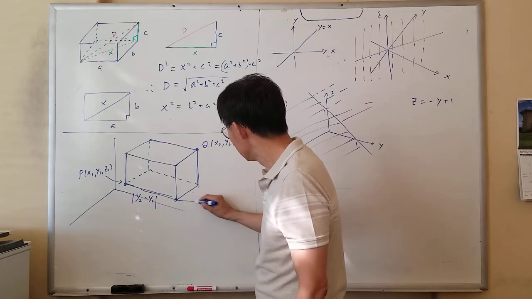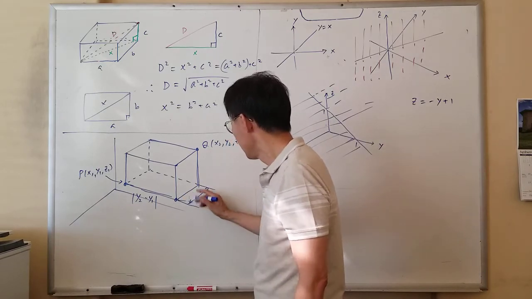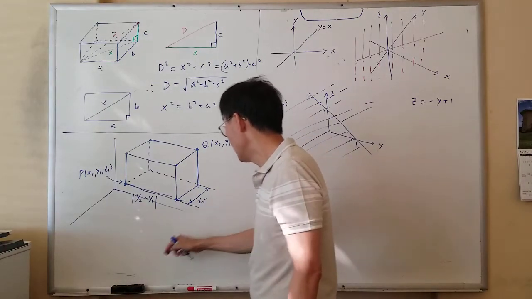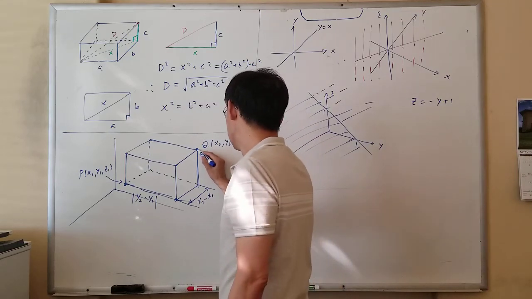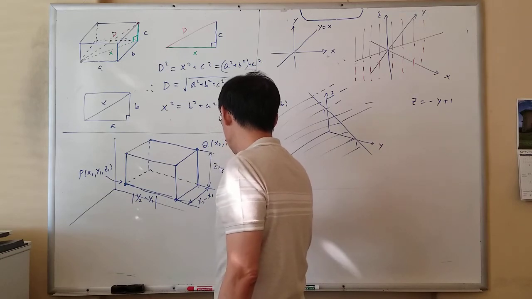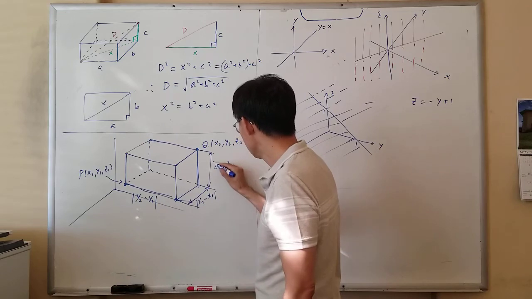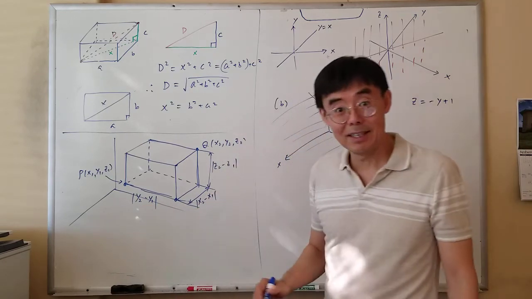And this distance will be what? Along the x direction, so x2 minus x1. And finally, this one, z2 minus z1. This is our absolute value, obviously. Our A, B, and C.